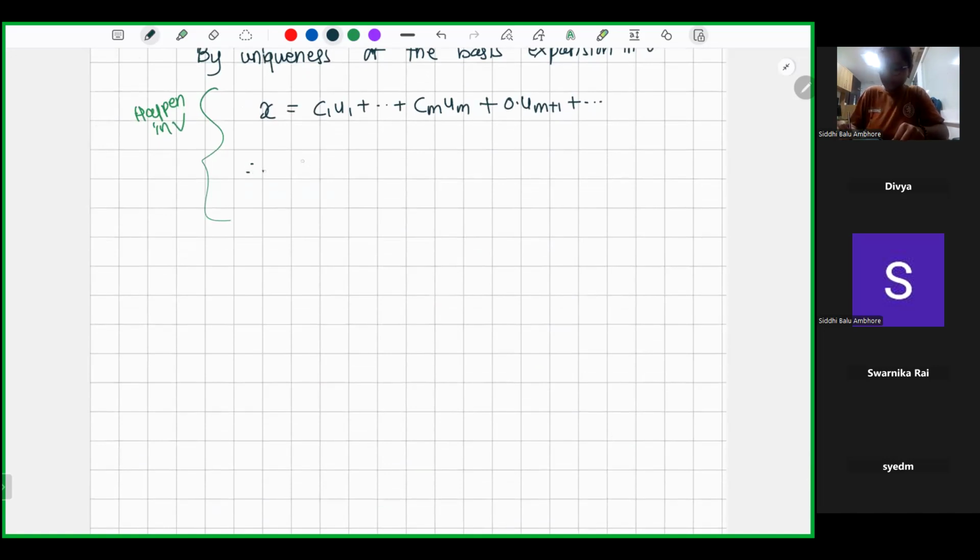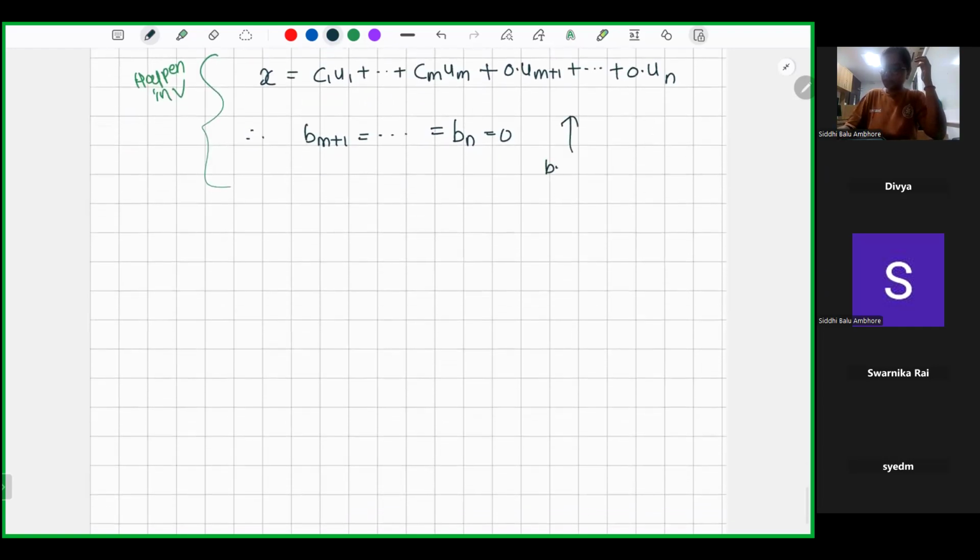Therefore we get that bm plus 1 up to bn are all 0. The coefficients of all um plus 1 to un are 0. Is this okay? This is because of the unique expression of basis.